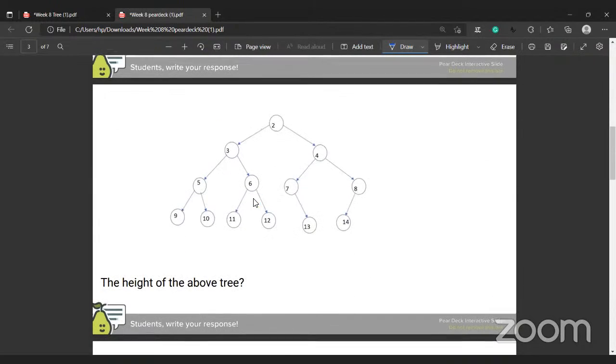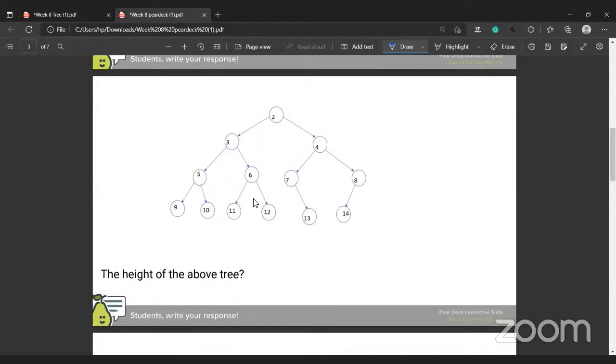Okay. Then we have to say what is the height of the above tree.